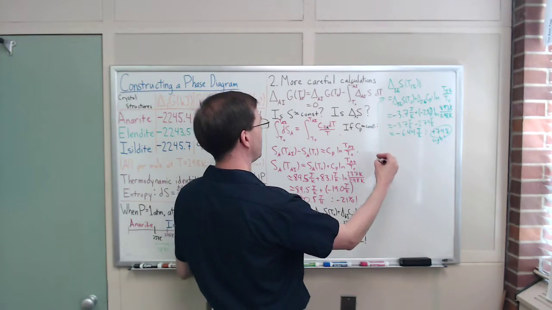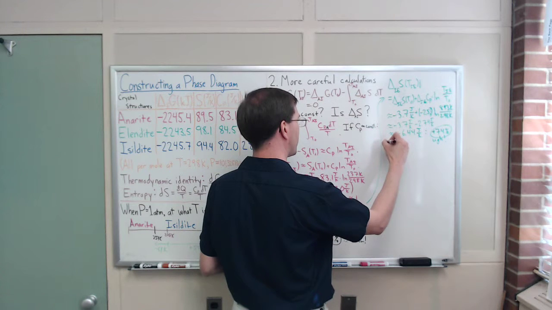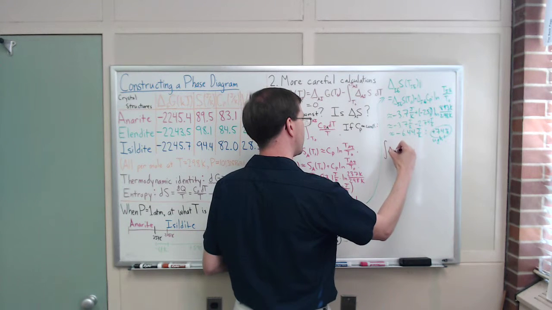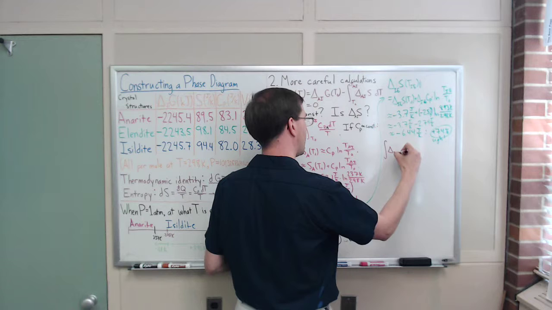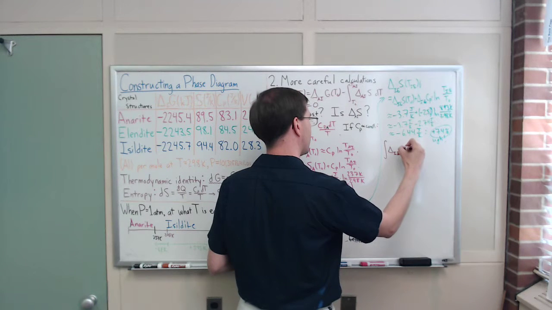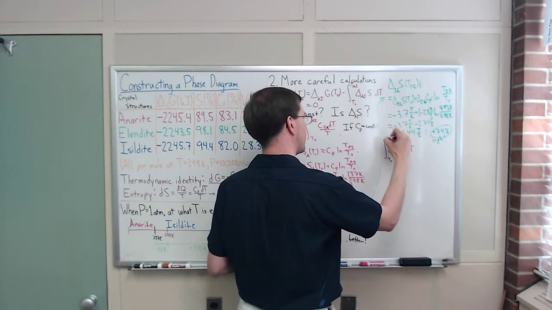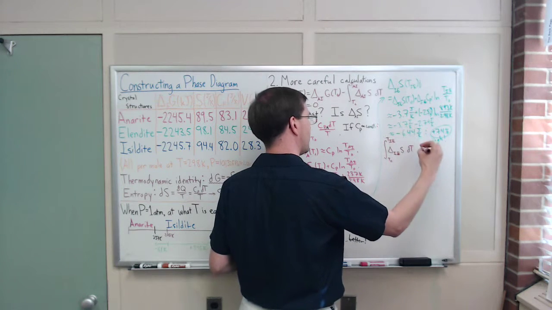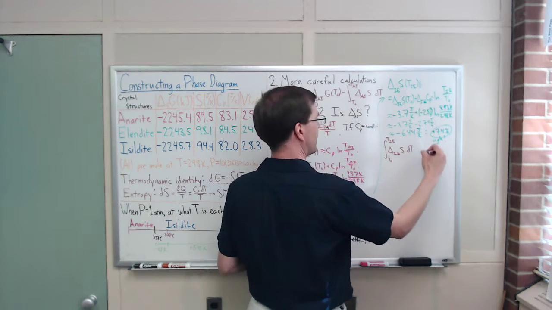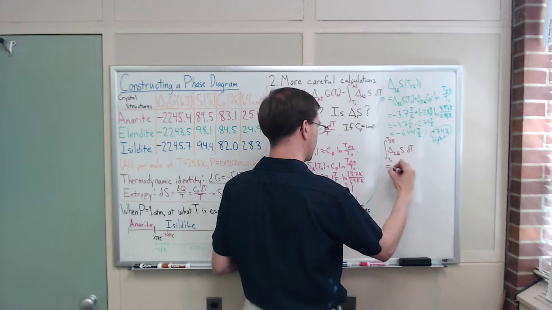I guess I can just write the integral down to begin with. An integral of delta S dt from T naught to T_IE is going to equal, again, I'm squeezed over here, so I'm going to put the equal sign down here.